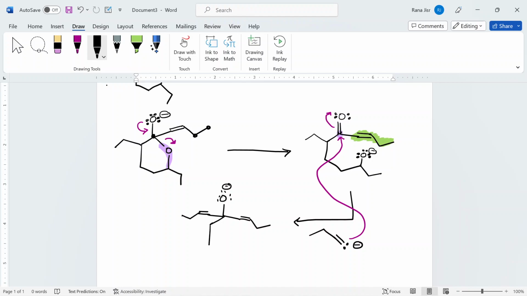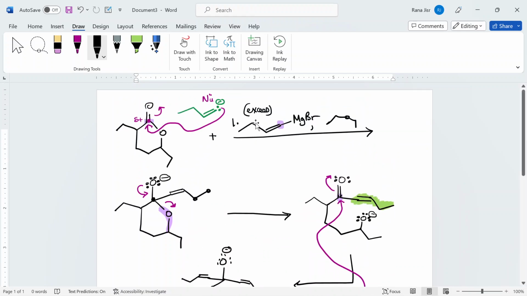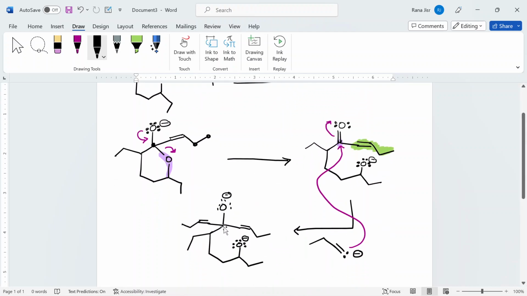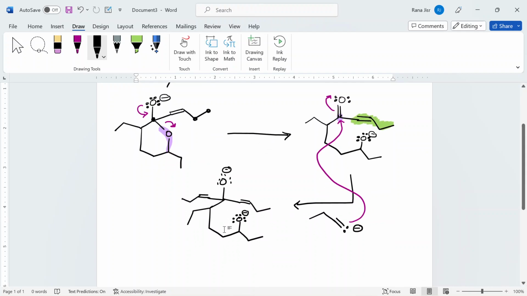And then the rest of the molecule in here. So now I don't have any other leaving group. That's it. And it's now that I'm going to stop adding the Grignard anymore. So I'm done from the first step. No addition of the Grignard anymore because I cannot form a carbonyl. So the reaction is going to now continue.